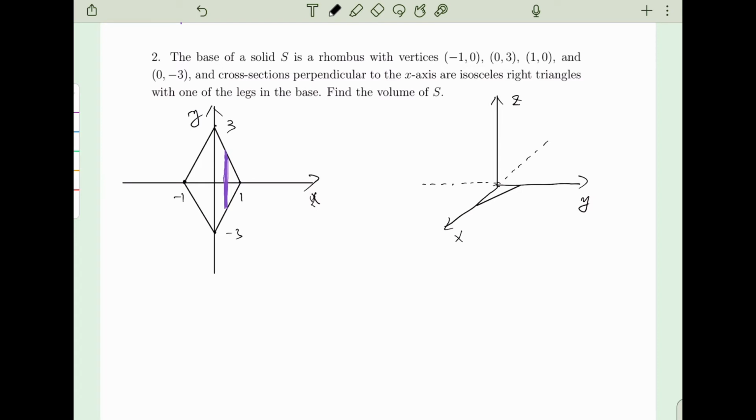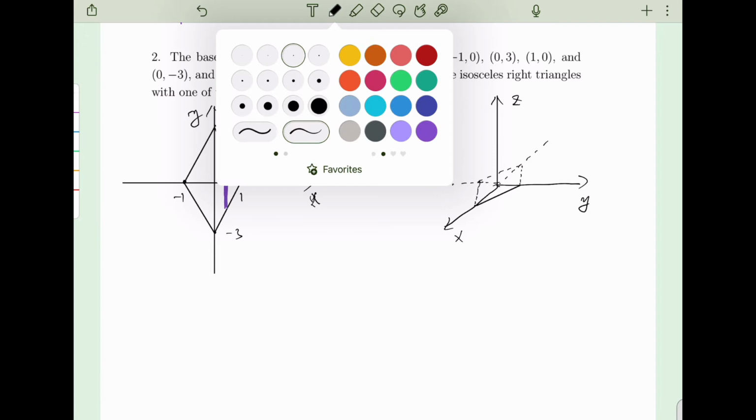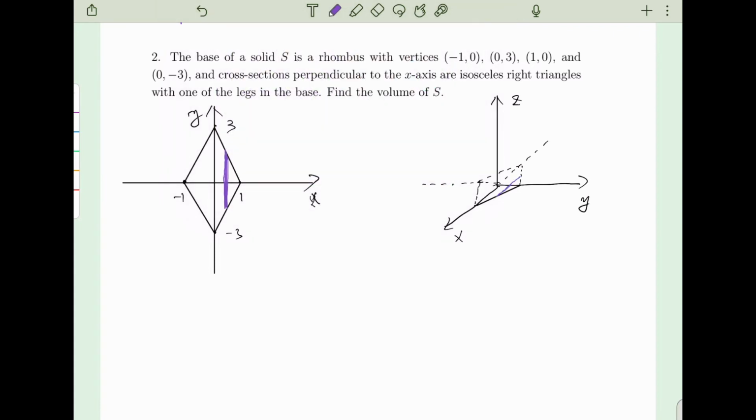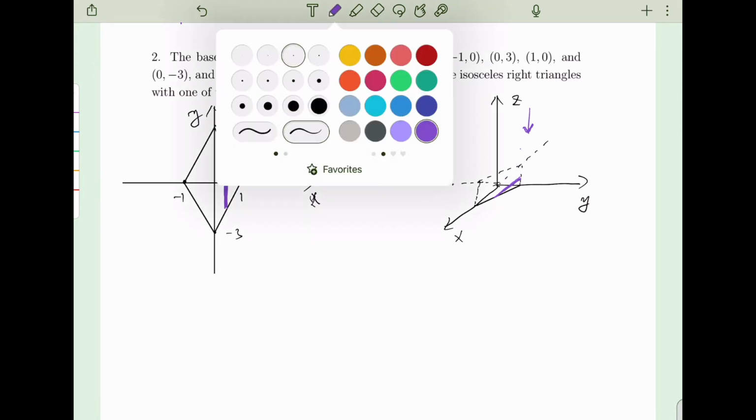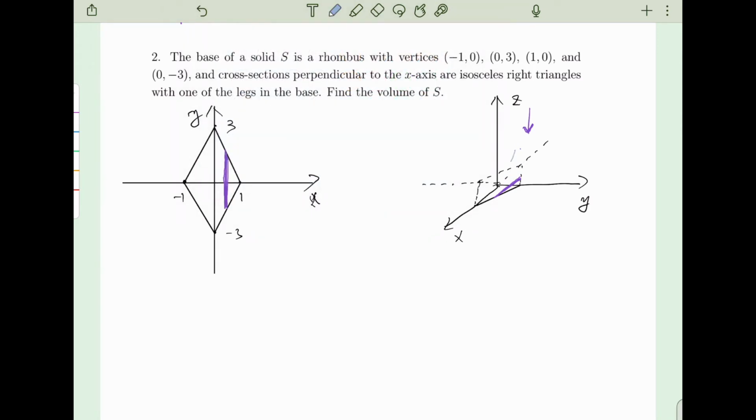Ground level. And the triangle is standing here, perpendicular to this XY axis. So it's like that. See that? You look from above, and the purple thing you see is the projection.